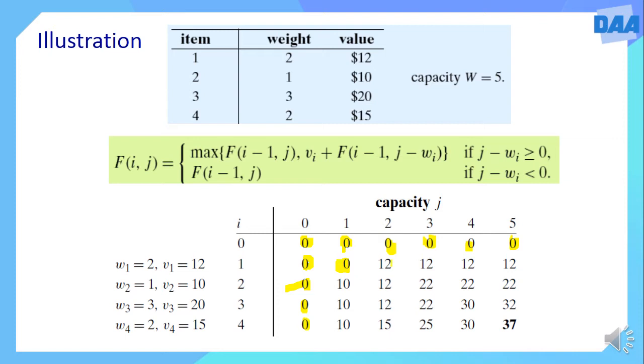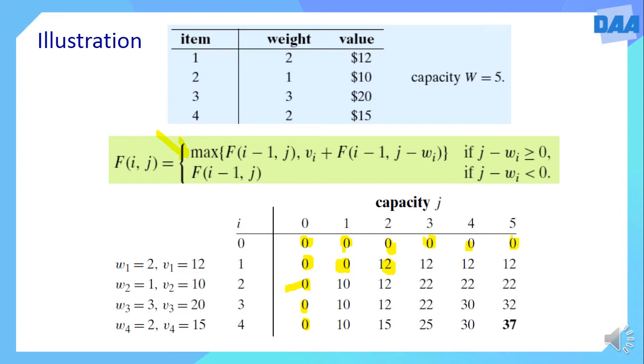F of 1,2 is computed as follows. The capacity of the knapsack is 2, the weight of the item is 2, so it can be put in. So we need to go for the first condition. Maximum of f of i minus 1, j, that is nothing but the previous value, which is 0. Then vi plus f of i minus 1, j minus wi.